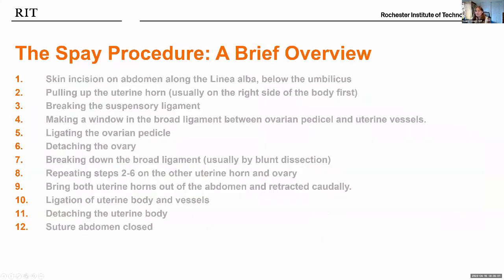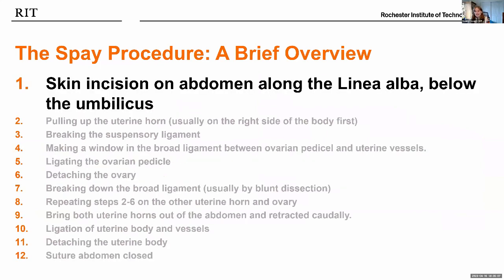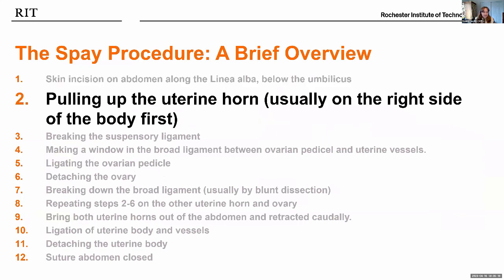So I'm going to go through the surgical procedure really briefly, just to kind of have everybody on the same page. First things first is the skin incision along the abdomen. Then we have finding the uterine horns and pulling them up. It's normally done on the right side first.